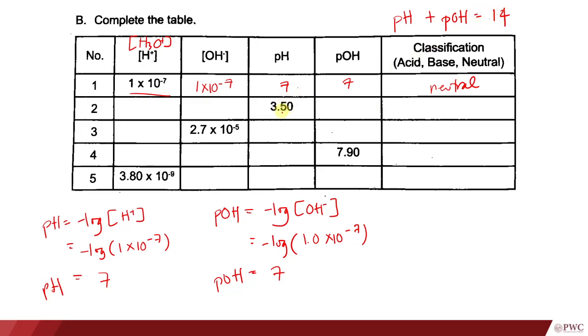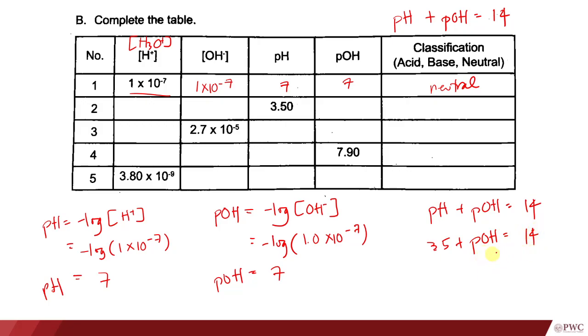Let's go to the next one. The given for the second one is the pH, which is 3.50. From this, let's find the pOH first. Again, the pH and the pOH are always equal to 14 when added. So if we know the pH, that's 3.5, we can determine our pOH because the sum is always 14.